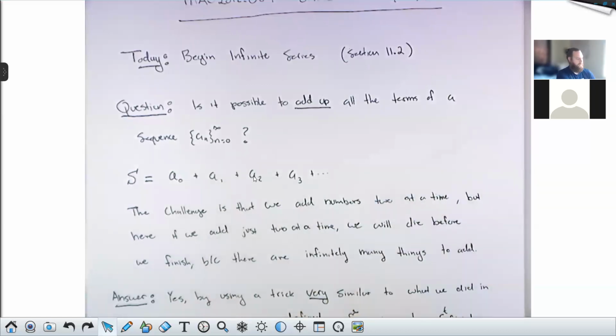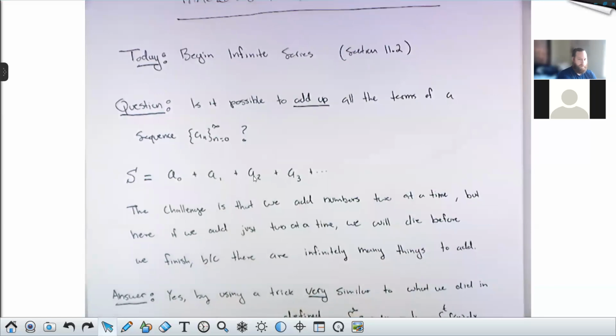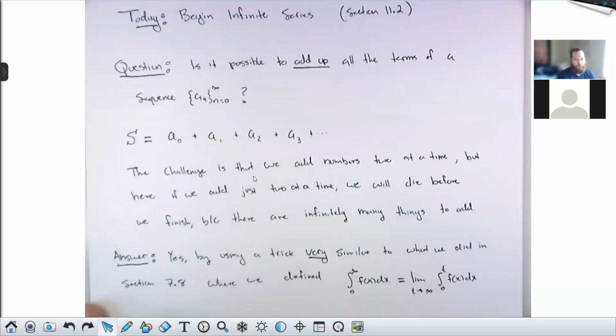Right, that was a sneaky trick that allowed us to integrate from 0 to infinity by saying, okay, I'll integrate from 0 to t, solve that problem, and then take the limit as t goes to infinity. And this worked.